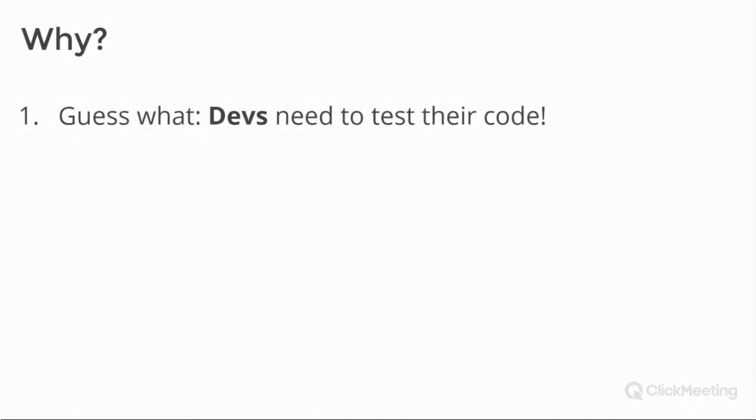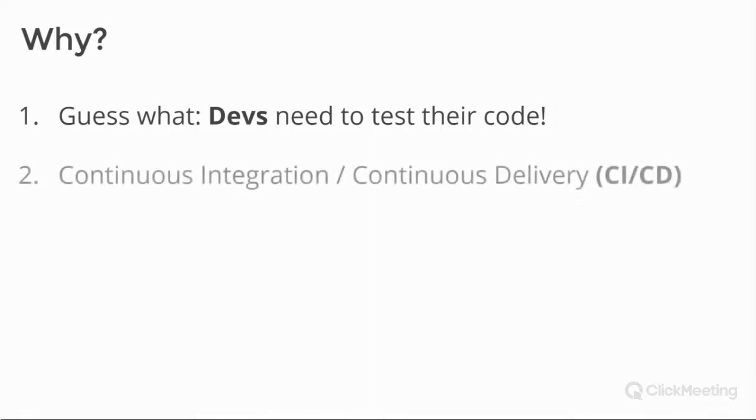So why do I need to use this tool in my development process? Firstly, because developers need to test their code. The tool provides developers a fast way to test their objects after integration. In second place, it allows achieving the methodology of continuous integration and continuous delivery to get shorter and faster cycles.